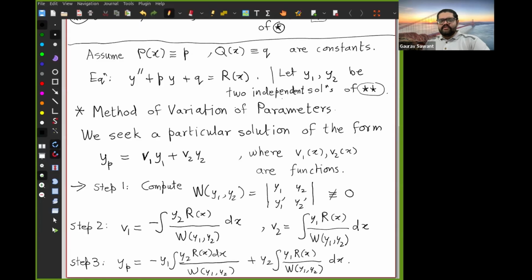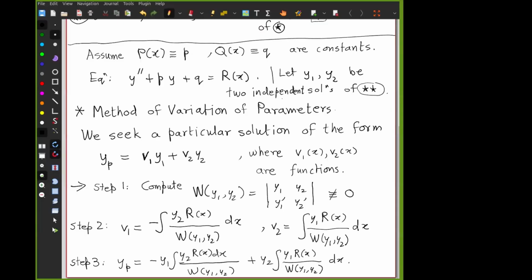So those constants C1 and C2 already take care of the constant of integration, and for the particular solution we need not worry about that. All right. So is the formula understood for everyone? Yes, sir.